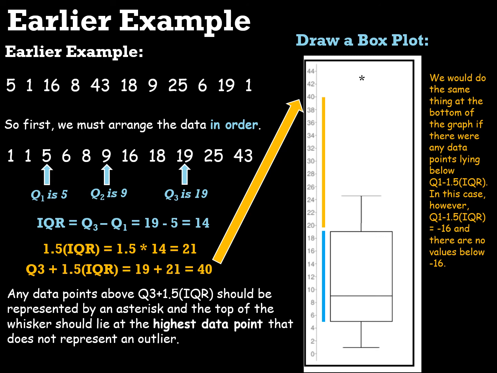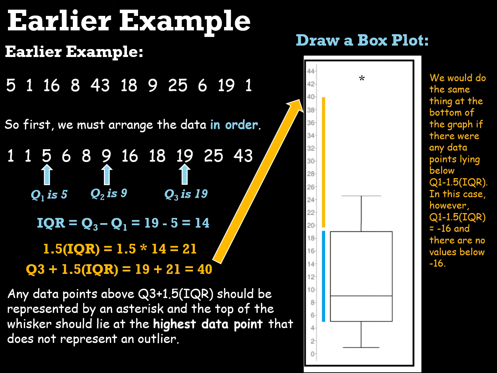If we had any data values less than negative 16, we would call those outliers and put an asterisk there. But as you can see in this example, the smallest value is 1, and 1 is well above negative 16. So that tells us we don't have any outliers down at the bottom, so there's no need to make any changes to this graph at the bottom.